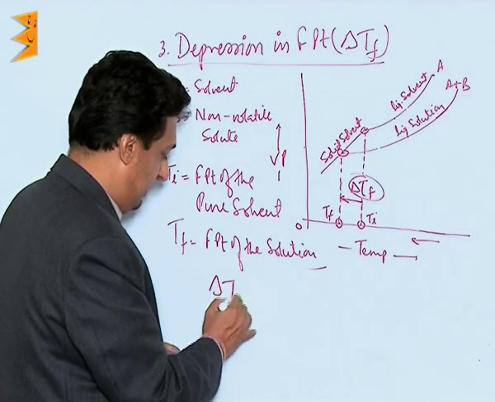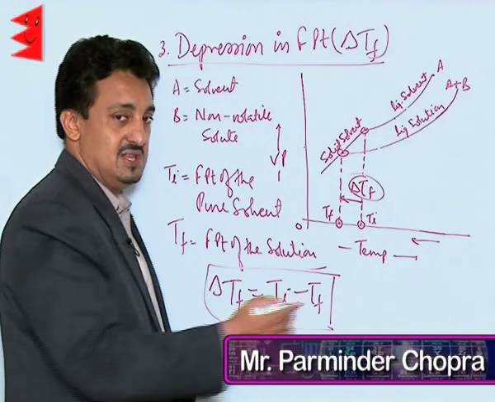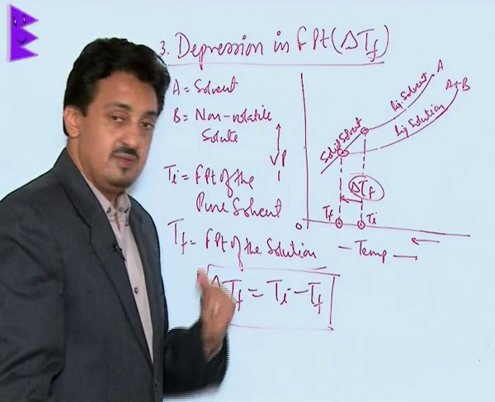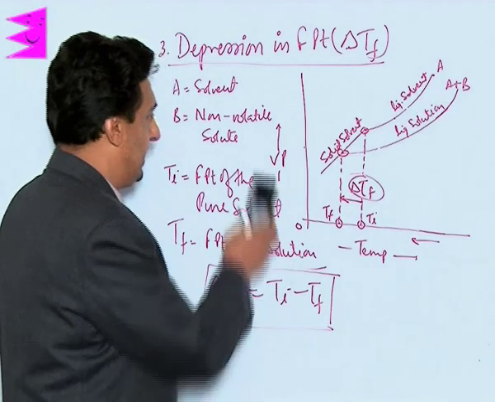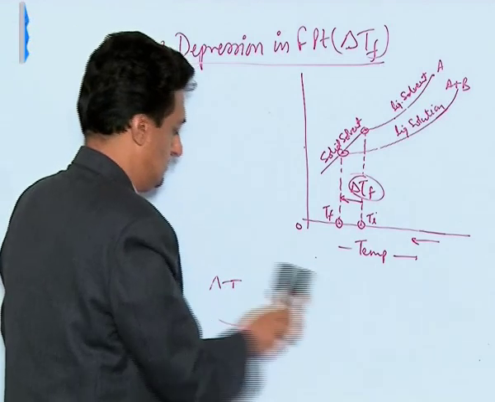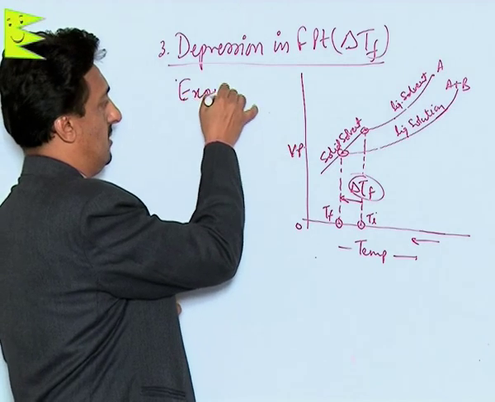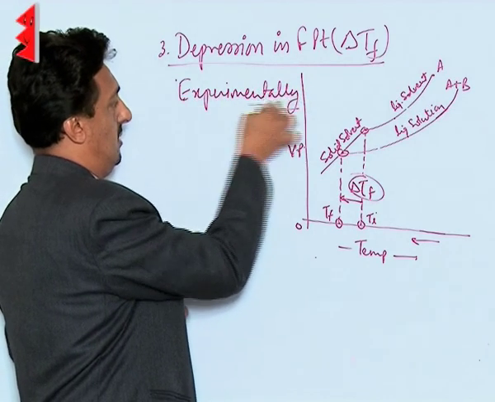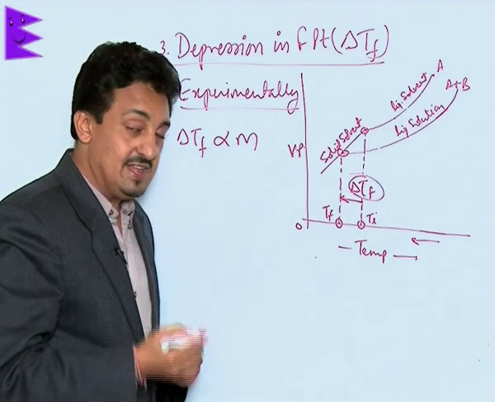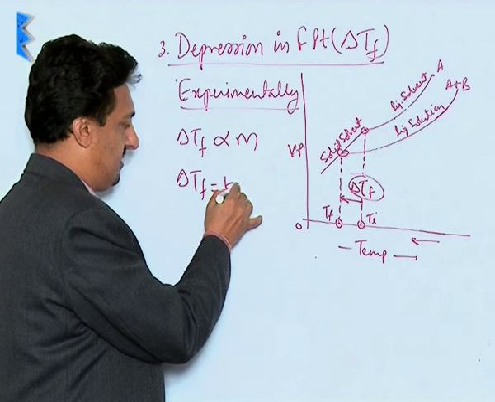Now, as it is clear, this delta Tf will be equal to Ti minus Tf, because the initial temperature is a larger value than the final temperature Tf. So, delta Tf is equal to Ti minus Tf, and experimentally it was determined that this delta Tf is proportional to m, where m is the molality of the solute in the solution, and this proportionality is governed by a constant which is called Kf.